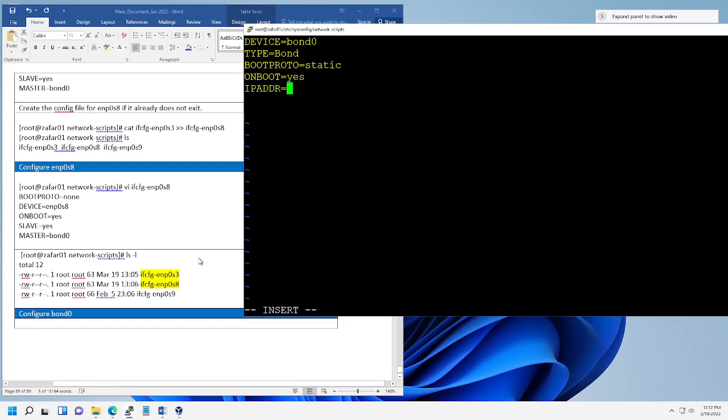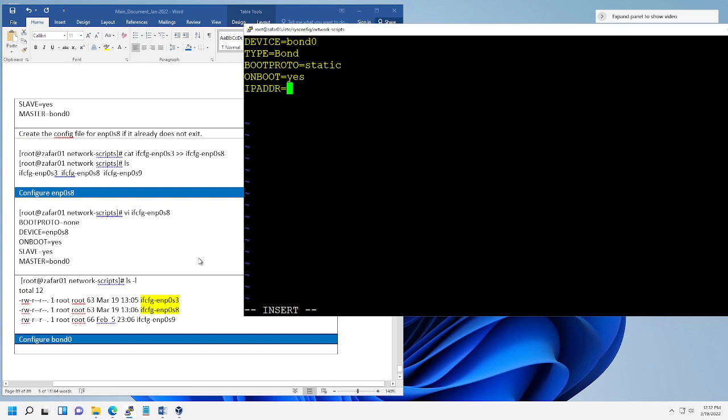Between 1 to 255. 255 is taken, so what IP should I take? 254. 192.168.56. You want 254 or like 150? I was thinking of 150, right in the middle. Either one, yeah. Okay, and netmask.